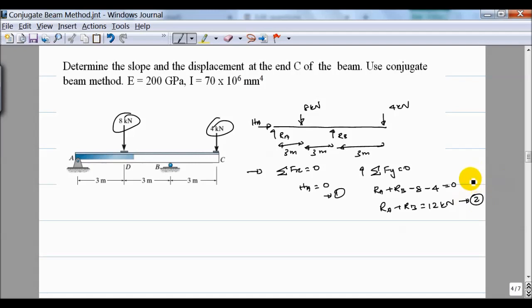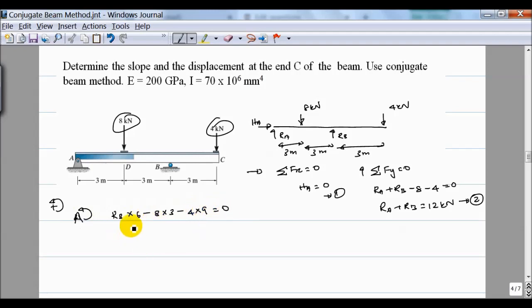So what I'm going to do is take moments about A. My sign convention is always counterclockwise positive. So taking moments about A: RB into 6 minus 8 into 3 minus 4 into 9 is equal to 0.